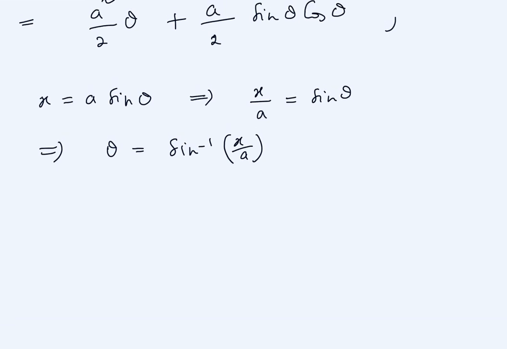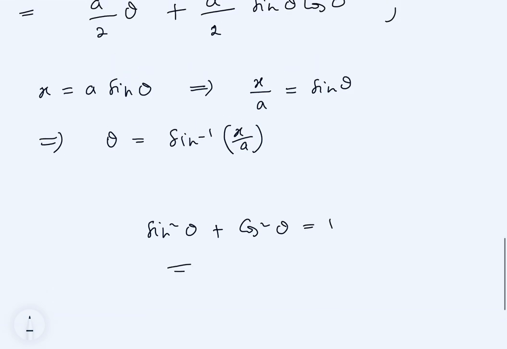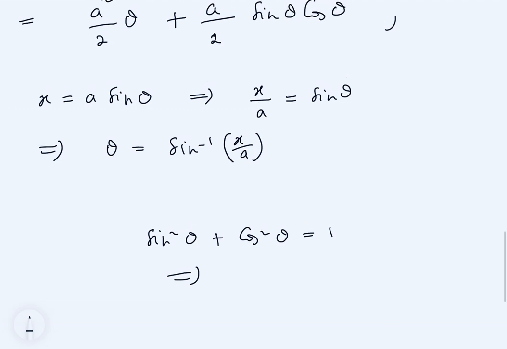Okay, we can use the unit circle identity, which of course says that sine squared theta plus cos squared theta is equal to 1.